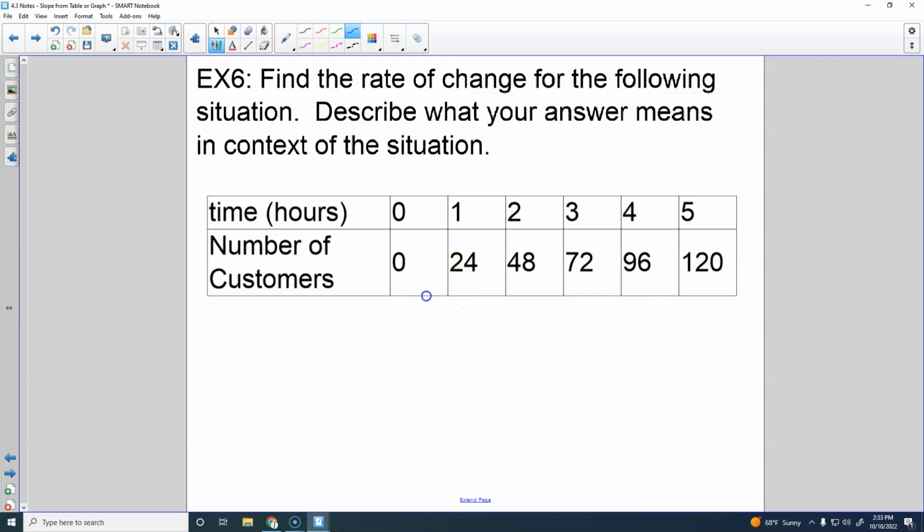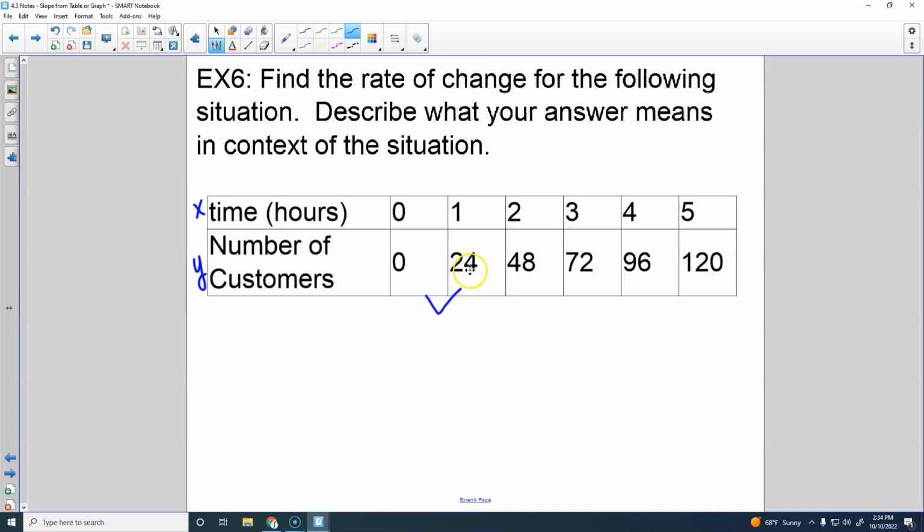But really all I've got to do is look at my change in my Y. If it's given as a table that's horizontal, assume the X is the top line, Y is the bottom line. It's possible they might do it differently, but I've never seen an EOC problem where they tried to trick you up by switching which one was there, and I'm not going to do that either. So you can basically assume your X is your top line and your Y is your bottom line.